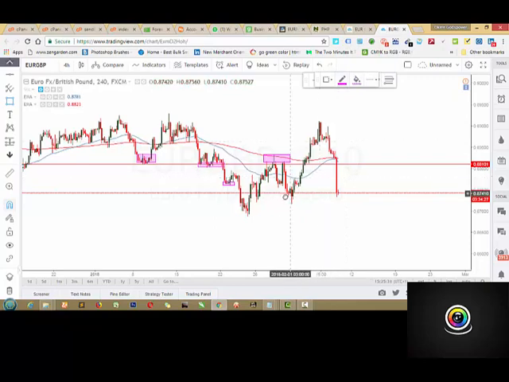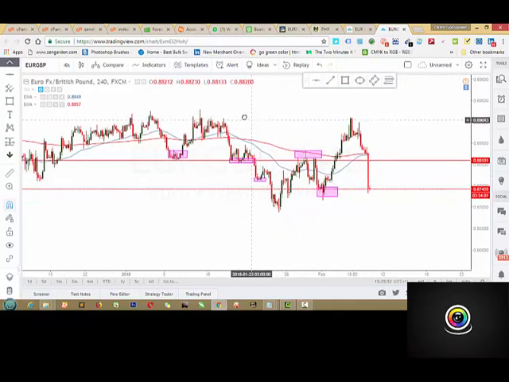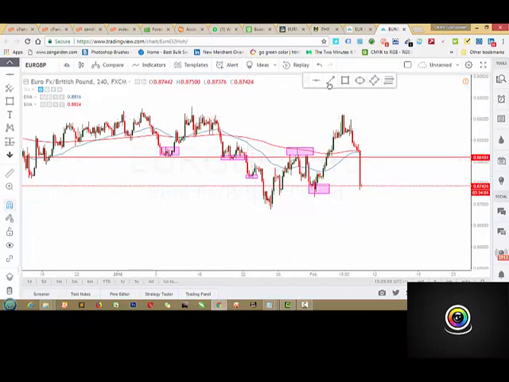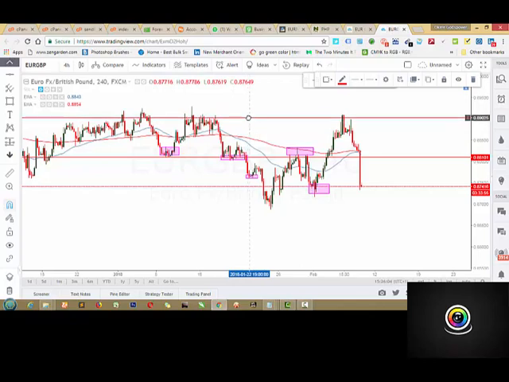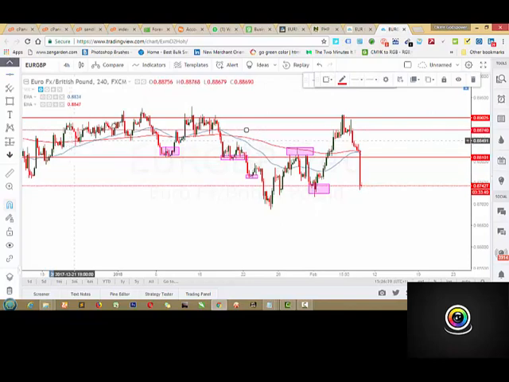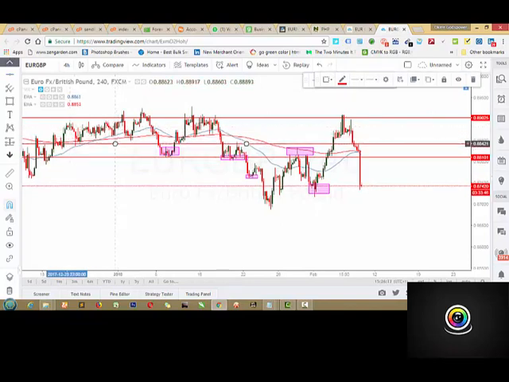We have support here. Okay, it's making sense now. So now let's identify more areas of support and resistance. There's resistance in that region. There's support here.